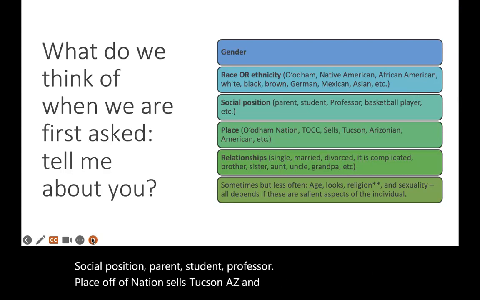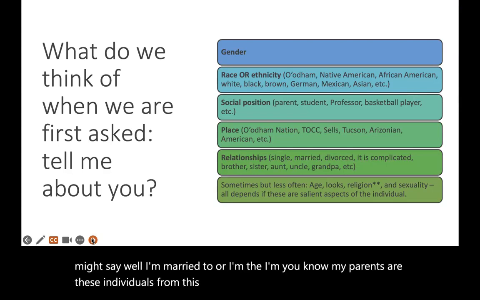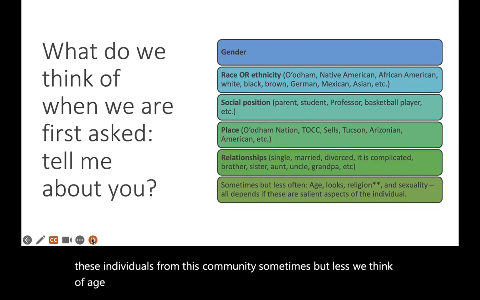Relationship: we might say, I'm married to, or my parents are these individuals from this community. Sometimes, but less, we think of age, looks, and religion. But that's least common that we look at.